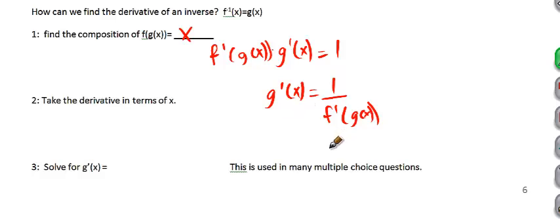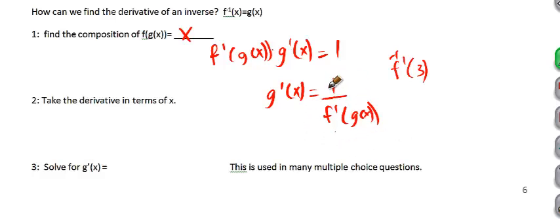What a lot of people think is it's f prime of x, but it's not really the x we're getting, because a lot of times they're going to ask to find f inverse prime of 3. The problem is that 3 is not an x. If we're talking about the inverse, it's actually a y value.